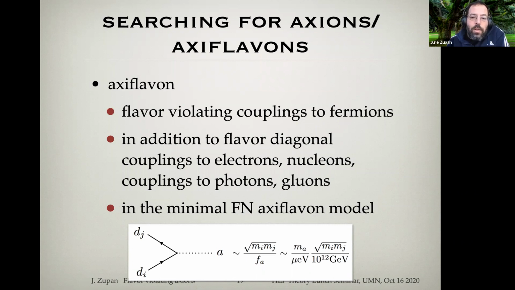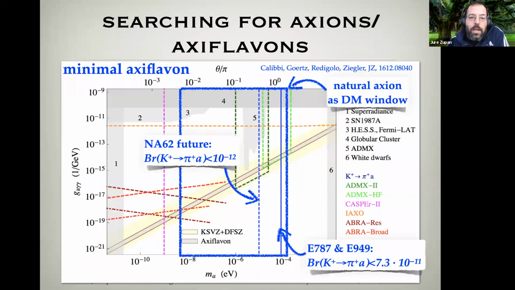So in addition to these flavor diagonal couplings to electrons, nucleons, photons, and gluons, we also have these flavor off diagonal ones. Now I lumped everything on one slide. This is the mass of the axion. This is the coupling to photons.